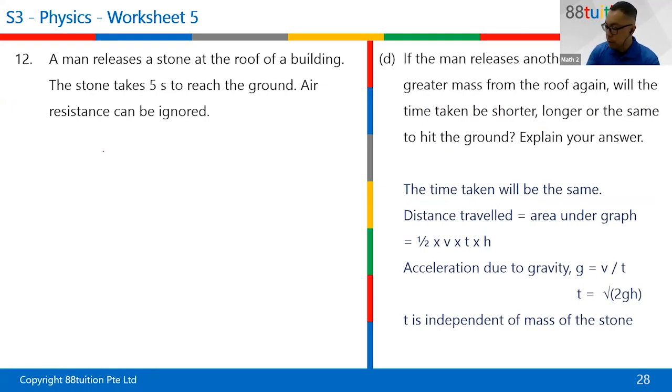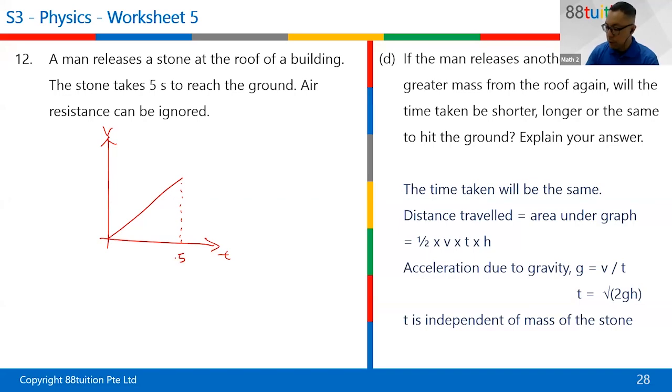Okay, so this is what? I don't know anything. I don't have any values. Or rather, I have 5 seconds. Okay, release another stone. Greater mass. So this is 5.